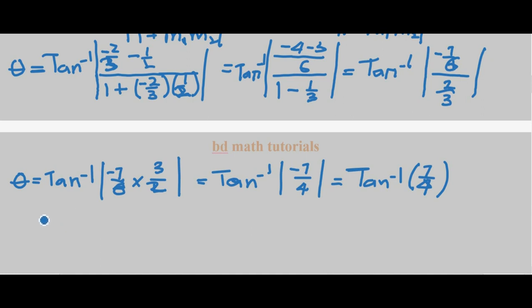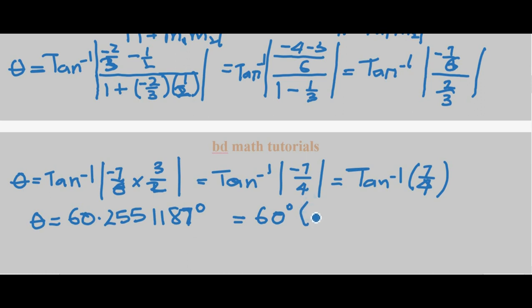With our calculator, the angle will give us 60.255187. But our answer is to the nearest degree, so this will give us 60 degrees.